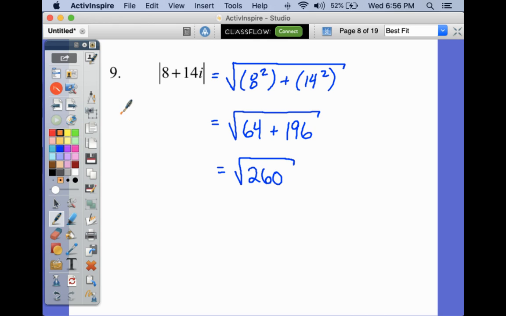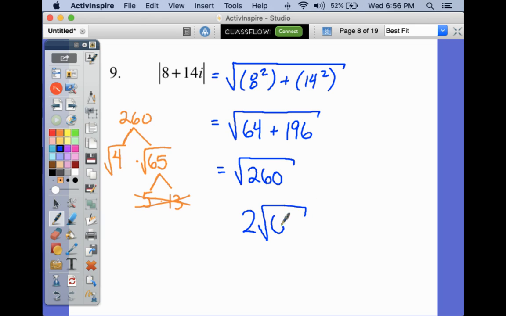So out here, scratch work, I'm going to try and break down 260. It's going to be 4 times 65. And let's see, 65 is just 5 times 13, and those are not perfect squares. So I'm just going to use 4 times 65, and I get 2 square root 65.